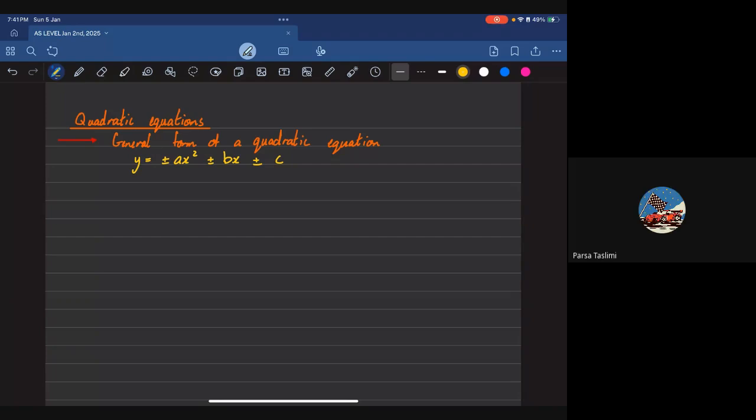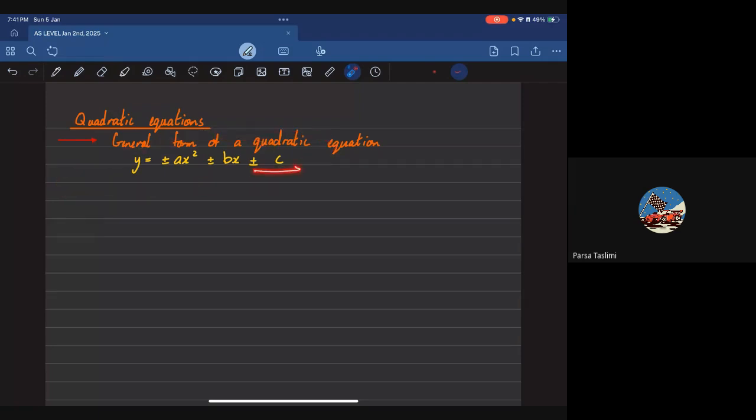So wouldn't C always be positive? No, even if you square a negative number, it would always be positive. But why are you squaring C? It's like, for quadratic equations, it's a squared plus 2ab plus b squared. No, no, that's you're taking into factorization. This is the general form of a quadratic equation.